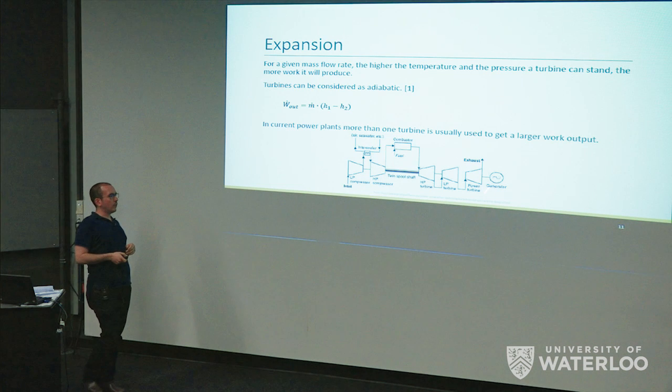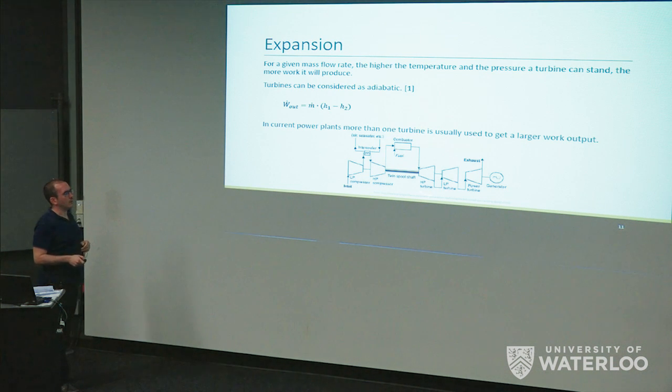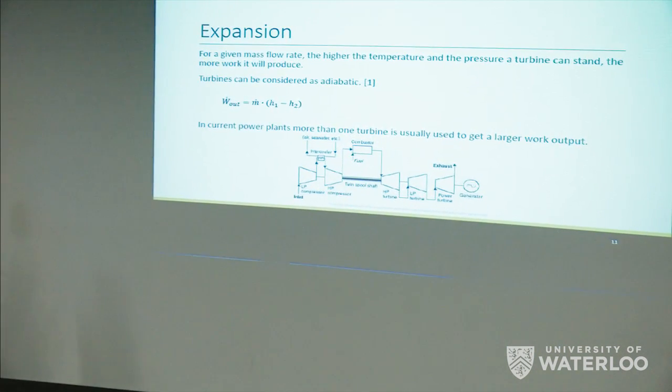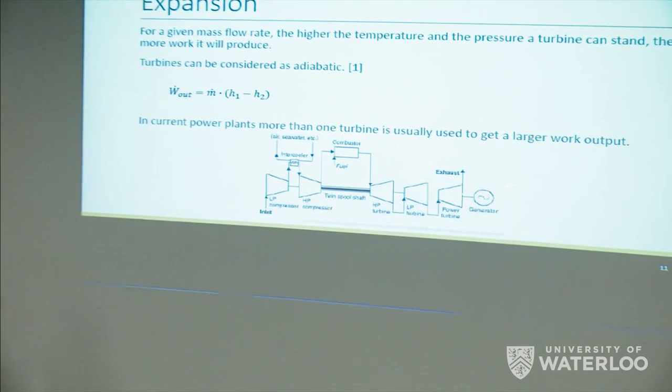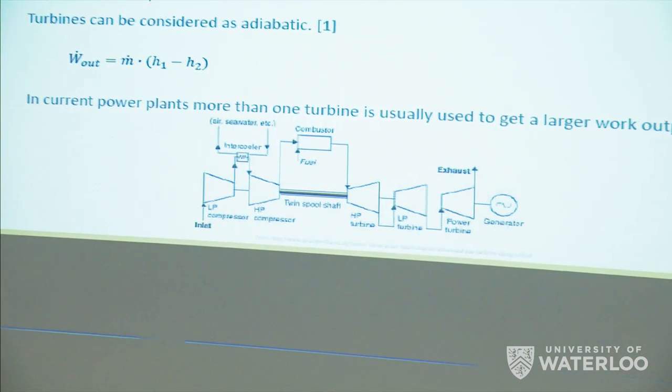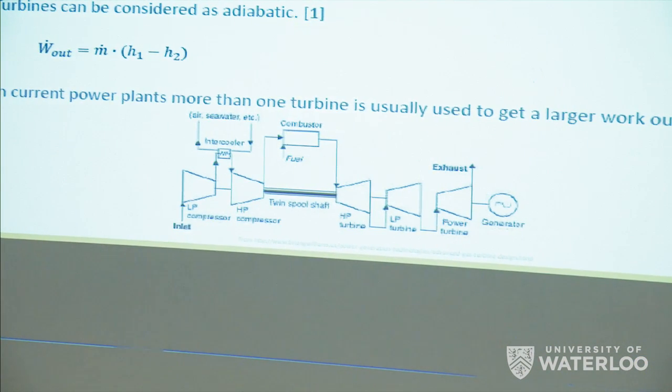So if your load decreases and you start gaining speed at the turbines, you have a flow control valve here and a back pressure valve here, which can adapt to the load in order to keep the frequency as you need it for your grid.